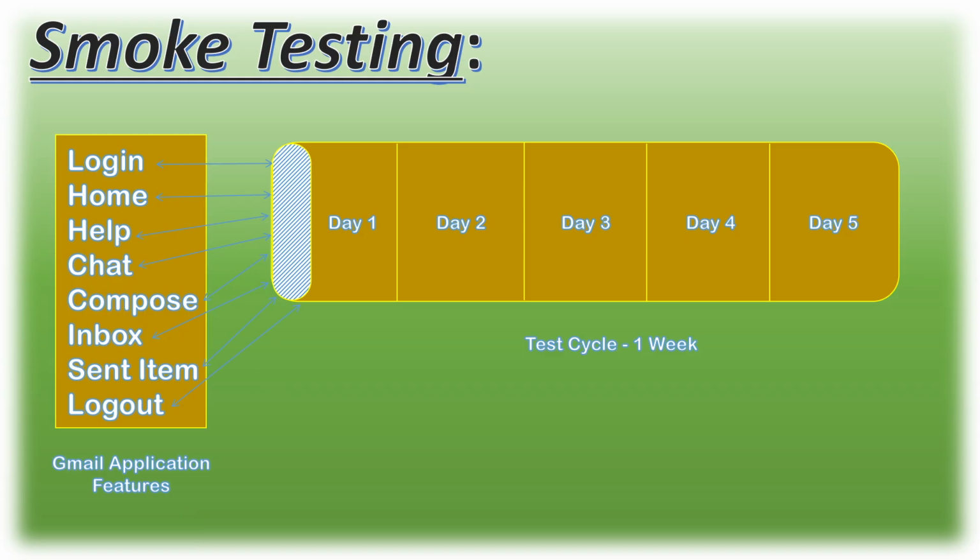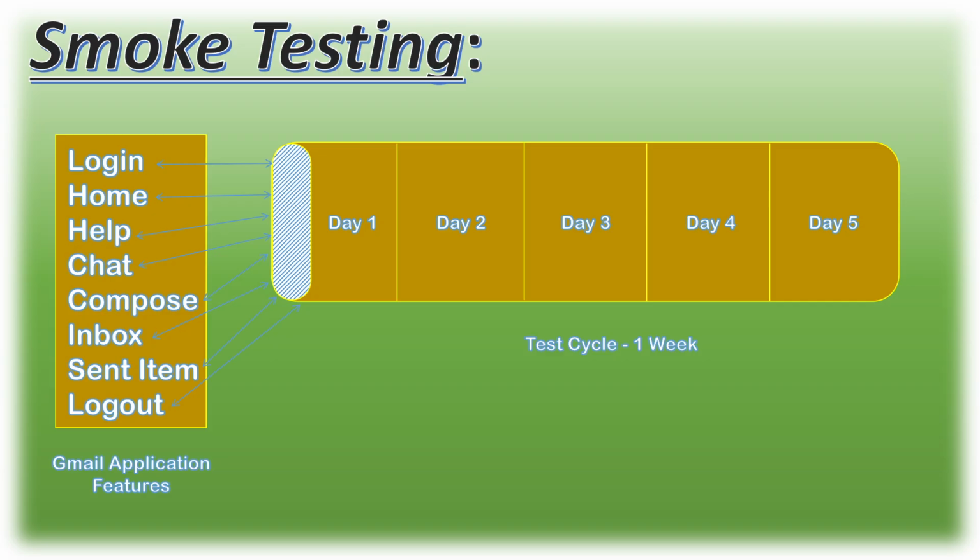Like for login, we can provide the login URL and check whether the login page is completely displayed with each and every element. Elements means you are able to enter the username, password, OK button, cancel button; all these should be displayed, right? Then only you will be able to proceed with the login.